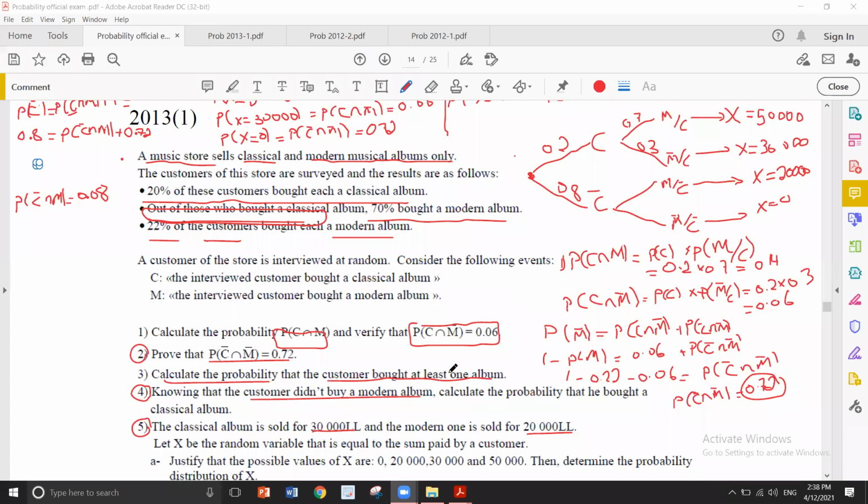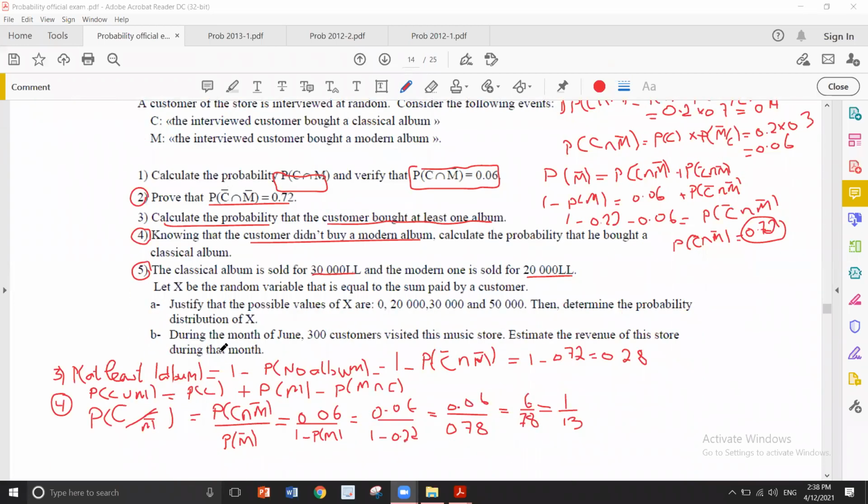At least one album, I solve it with the opposite. The probability of at least one album is 1 minus the probability of no album. No album is C bar intersection M bar. So 1 minus 0.72 equals 0.28.